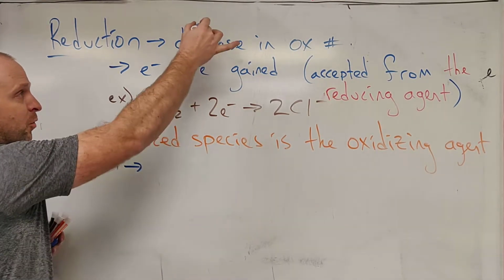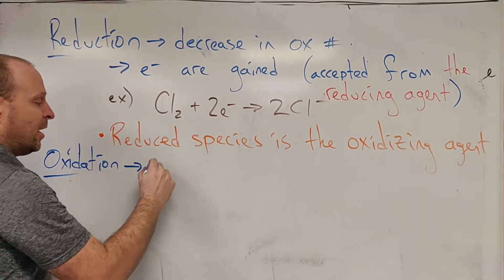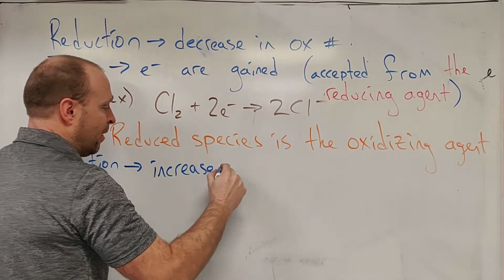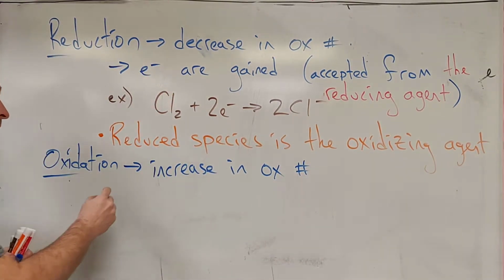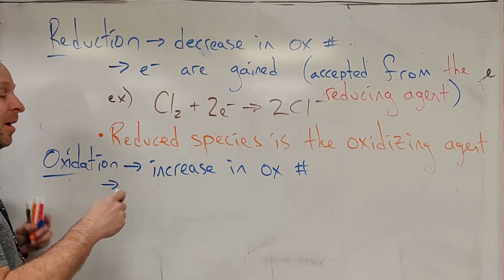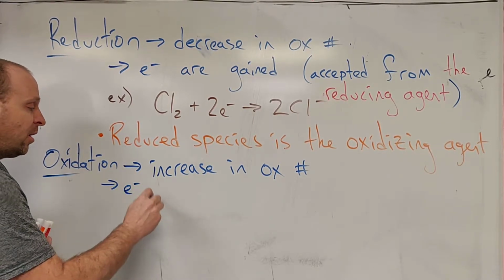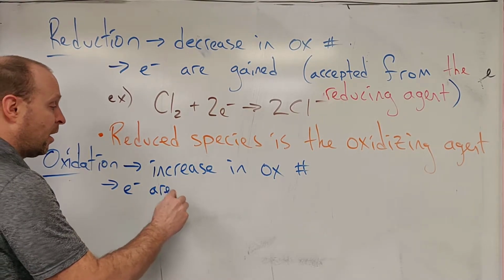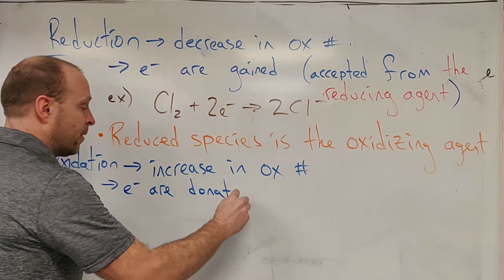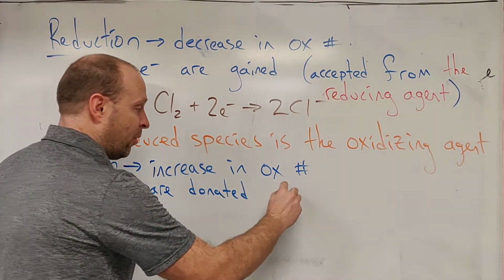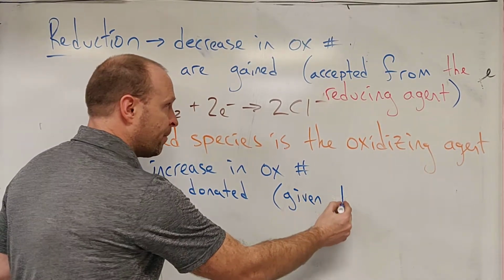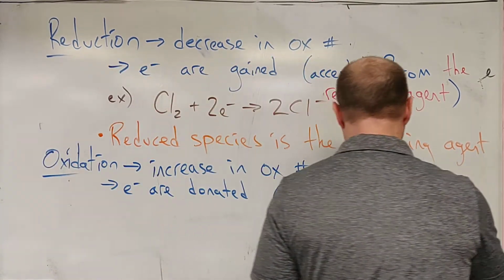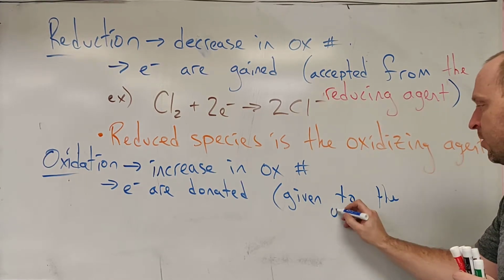So oxidation, if we just match all of these terms, it's an increase in the oxidation number, right? And it's a situation where electrons are given away or electrons are lost. Electrons are donated, right? They're given where? To the oxidizing agent.